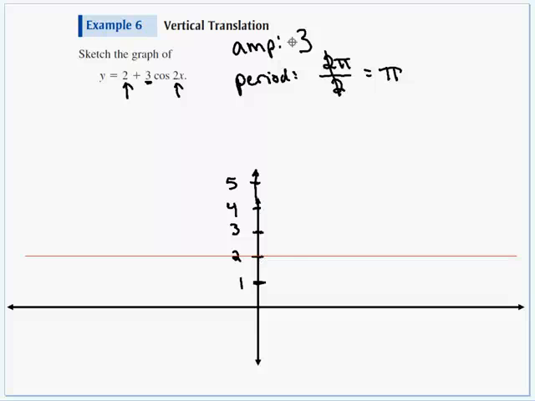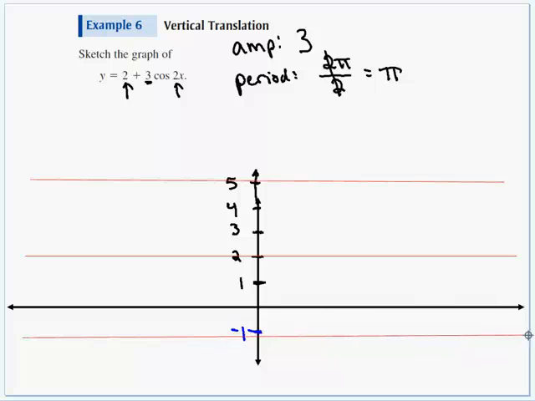From this red line, our amplitude is 3. So from this red line, we'll go up a maximum of 3, 1, 2, 3, up to a height of 5. So the highest our graph will go will be about this upper red line. And from this 2, we can go down 3. Down 1, down 2, we can go down here to negative 1. So I'll put another line here.